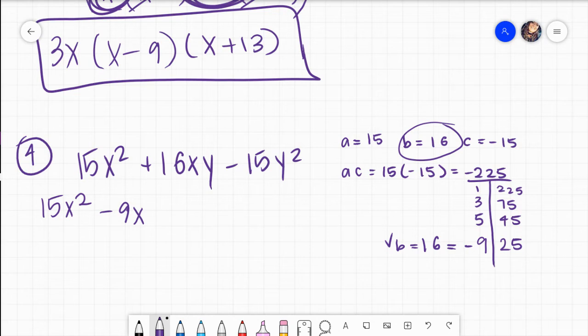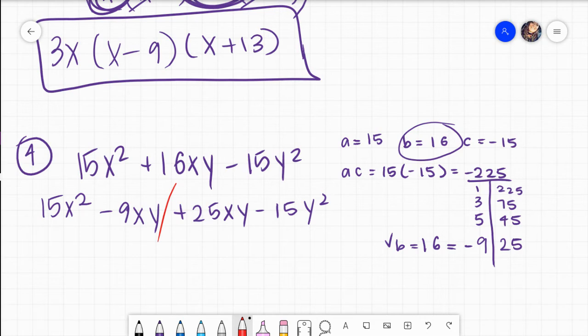But whenever we're expanding our B term, don't forget your variable. It is literally whatever variables is attached to B. I wrote X and just tried to move on. It's actually XY, okay? And a positive 25, don't forget your variables. Negative 15y squared. AC method has been started, right?